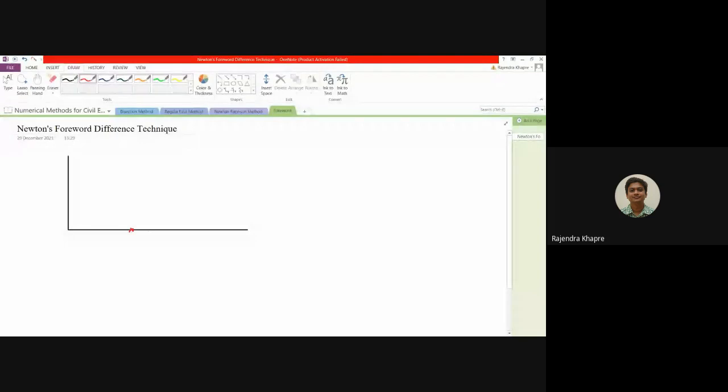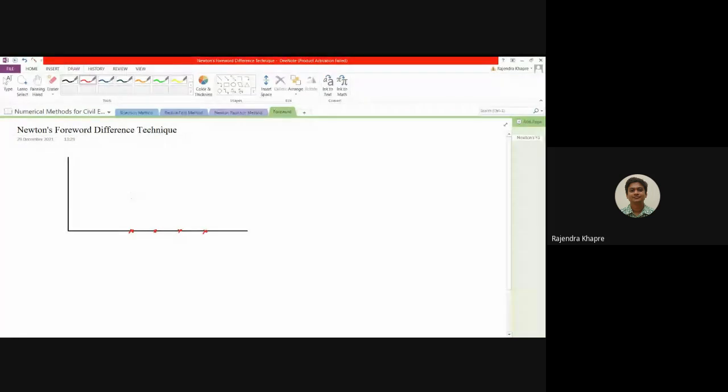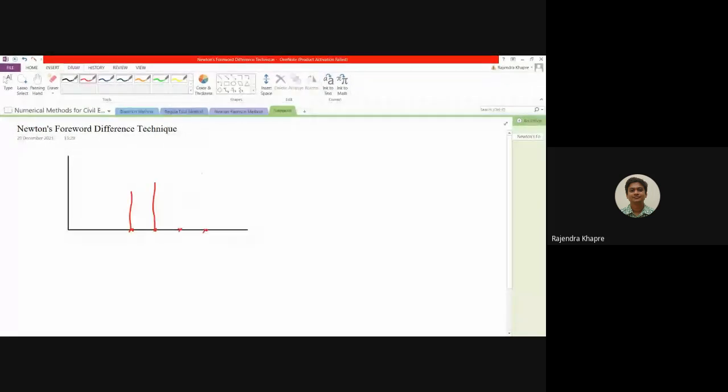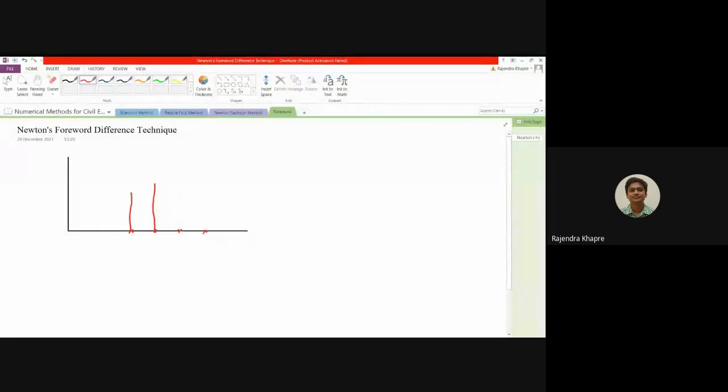Let us say this is x, this is another x, this is another x, and this is also another x. Okay, so for example, if you plot a straight line, this is a value of y, again this is the value of y, and again this is a value of y.